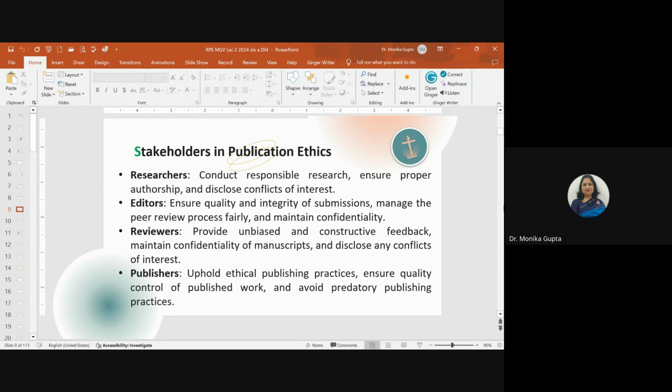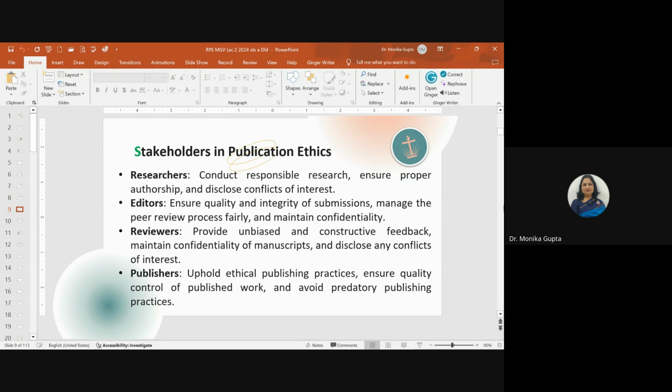Now, stakeholders in publication ethics. I hope we all know this. Publication ethics involve a collective responsibility shared by various stakeholders. First, the researchers, we people, are responsible for conducting their research with integrity and adhering to ethical authorship practices.